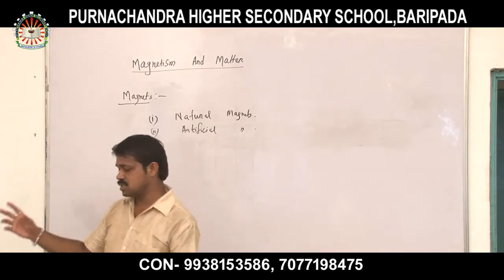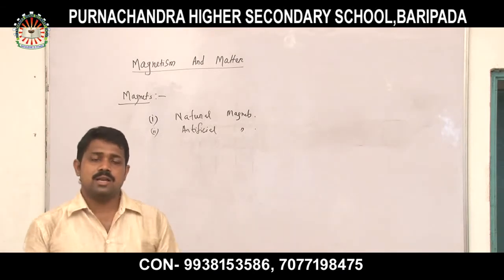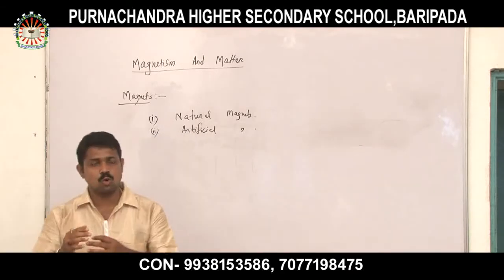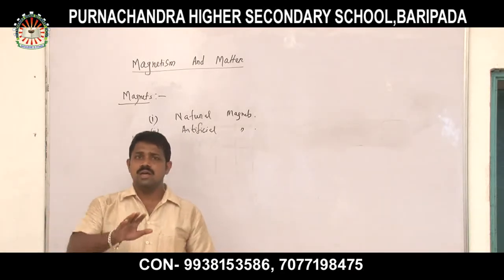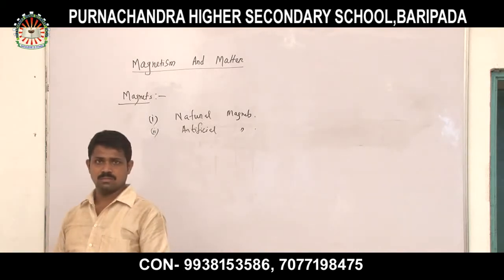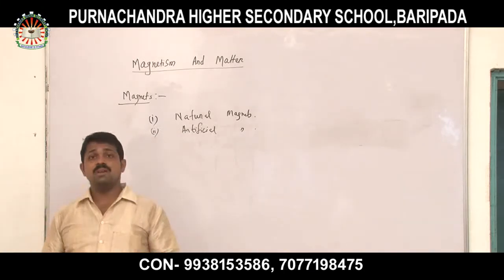Clear? So let us discuss a few points about natural magnets. What do you mean by natural magnets? Natural magnets occur in nature, in the earth's core. Clear? They occur in nature, so that's why it is called a natural magnet. That is a very important point. So natural magnets are available naturally.